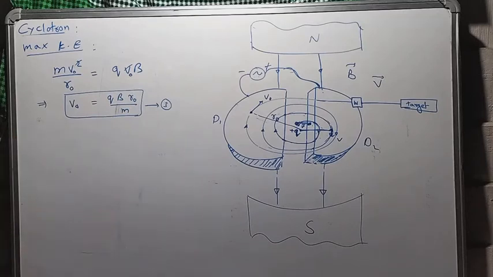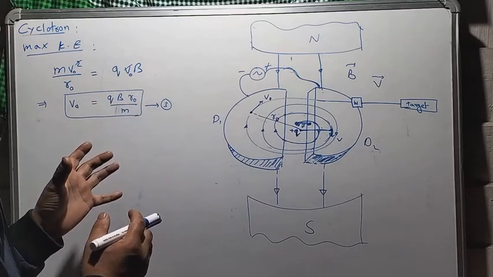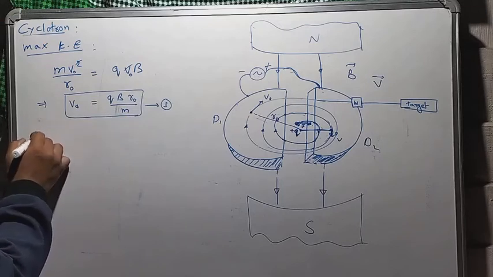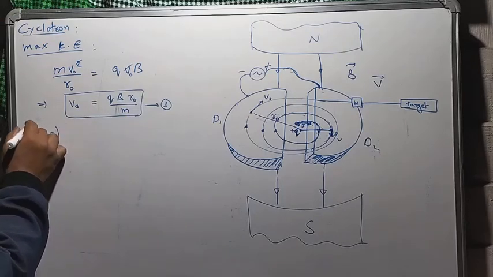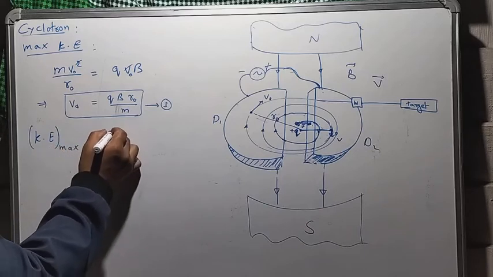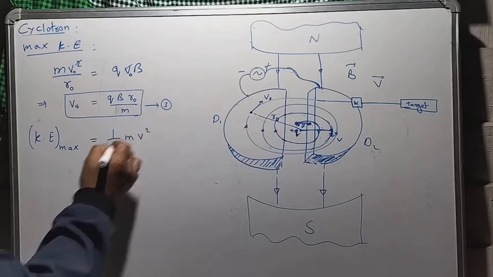Okay, so if this is my maximum velocity, then what is the maximum kinetic energy for the charged particle? The maximum kinetic energy, let me write as KE max. Because we know the expression of kinetic energy is half mv square.